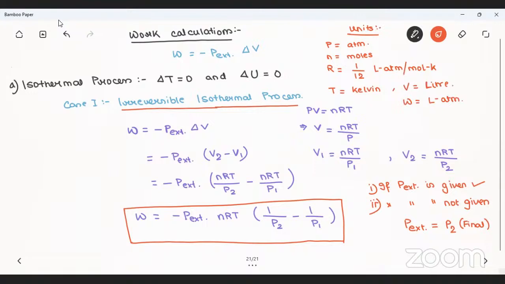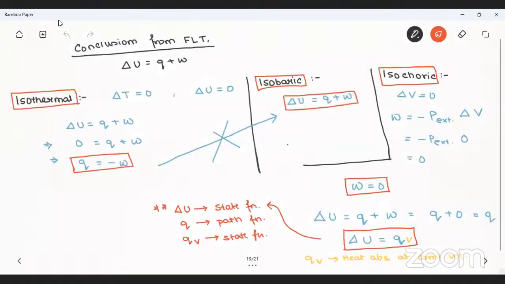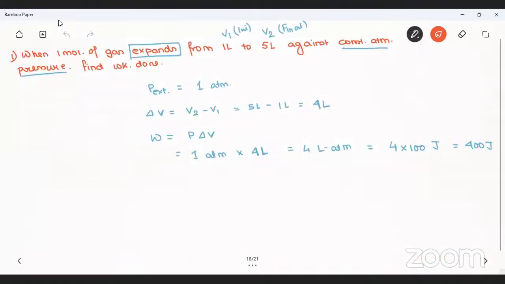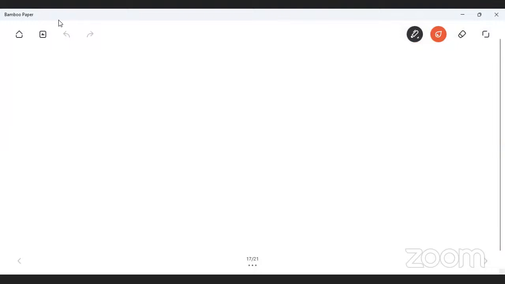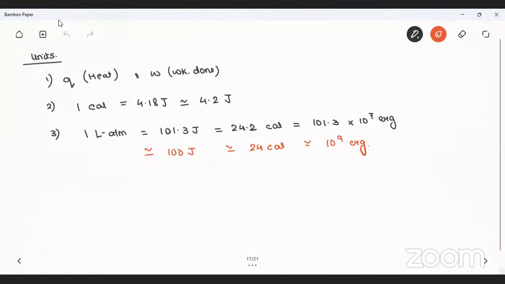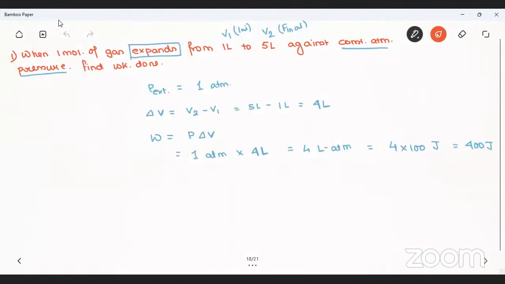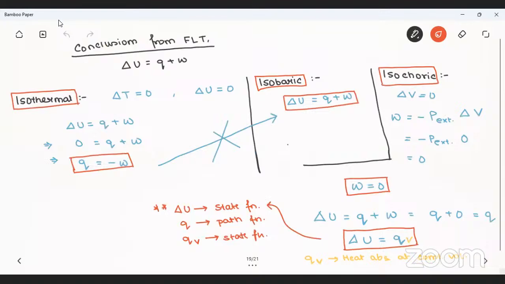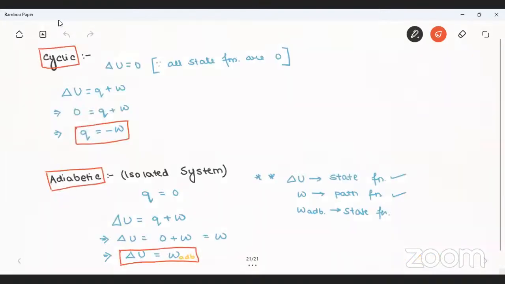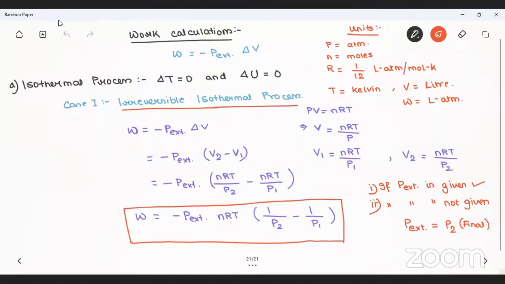And I have already taught you to convert liter atm to joules. You just need to multiply liter atm by 100.